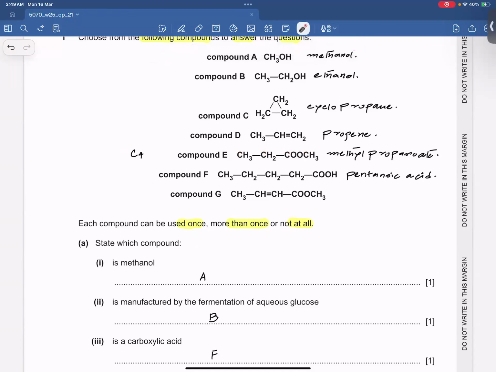How many hydrogen atoms do we have? 3 plus 2, 5. 5 plus 3, 8. And we have 2 oxygen atoms also. Let's talk about compound G. 1, 2, 3, 4, 5. No, 4 carbon atoms. 1, 2, 3, 4, 5. No. So it's not going to be E.